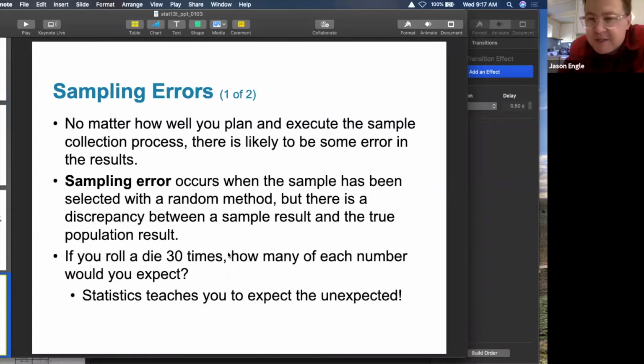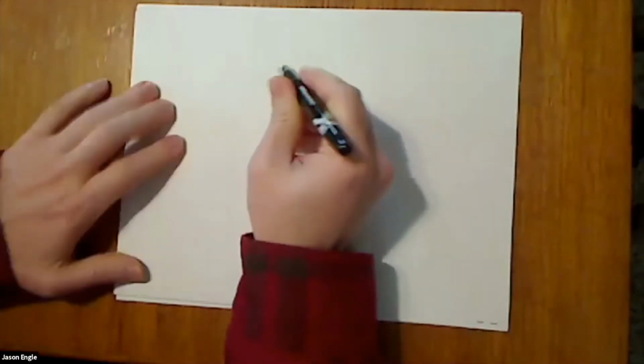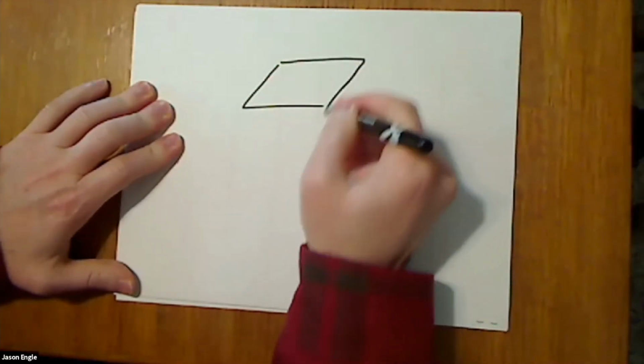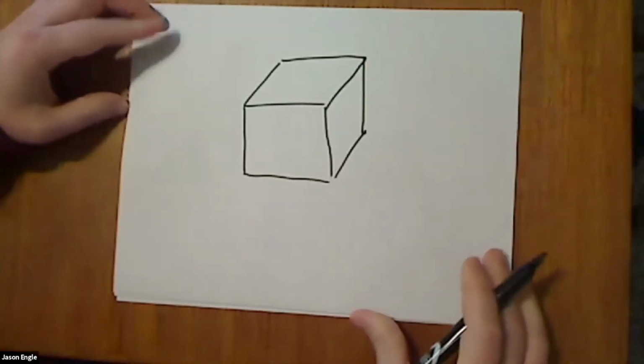So, for example, have you ever messed around with rolling a die before? Not to take anything for granted, I would assume that most of you have played with dice sometime in your life. That's one of those six-sided objects. Each side has these pips or dots.